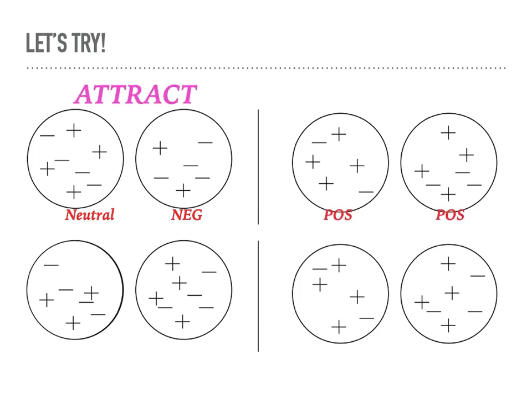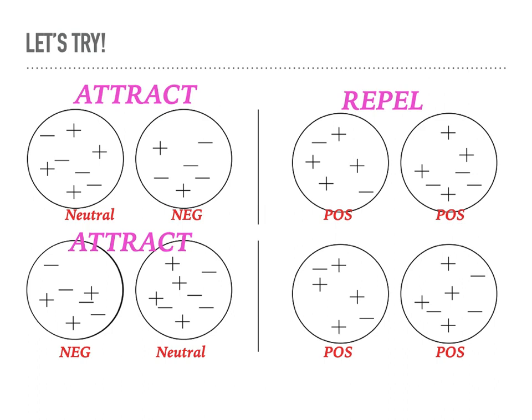Next, we have two positives. Two positives are the same charge, so they are going to repel each other. Next, we have a negative and a neutral. They are not the same charge, so they are going to attract. And then finally, we have two positives, and they are going to repel.